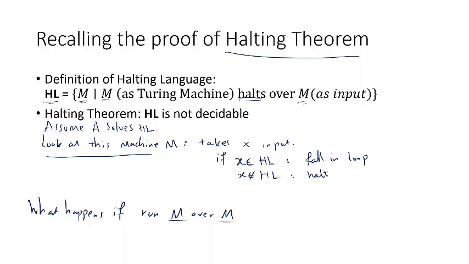It's clear what it means: you write down the code of M. M has a description as a Turing machine, whose description actually depends on the description of A, because it's running A as a subroutine. What we're saying is that if you run this machine over itself, then there are two cases. Either M halts over M, or M does not halt over M.